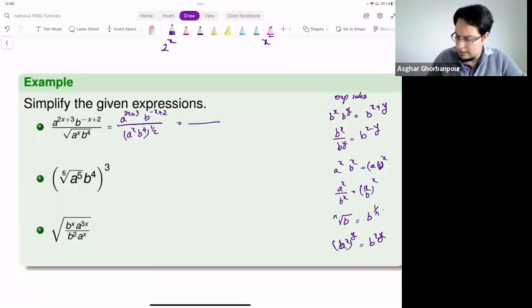Then I'll use this property here, and I write this as a to the power x times half. This is a to the power x over 2, b to the power 4 over 2 is 2, a to the power 2x plus 3, b to the power minus x plus 2. And then I can separate the denominator, and I can write it as this.